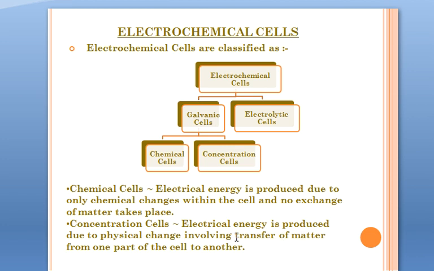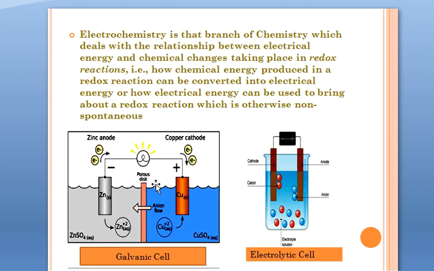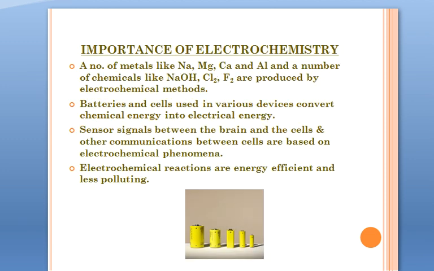Electrical energy is produced due to physical change involving transfer of matter from one part of the cell to another, like this. As I said, हम ये सारी cells in detail करेंगे आगे presentations में, that what is the mechanism, what is basically going on in these cells.